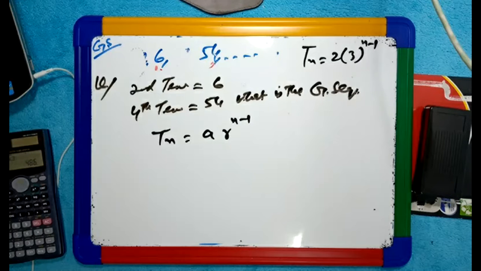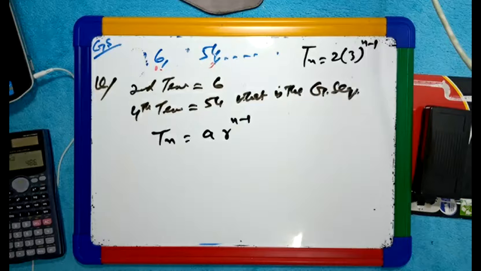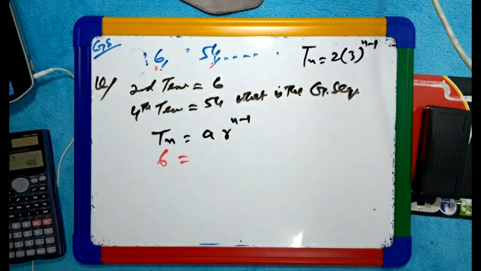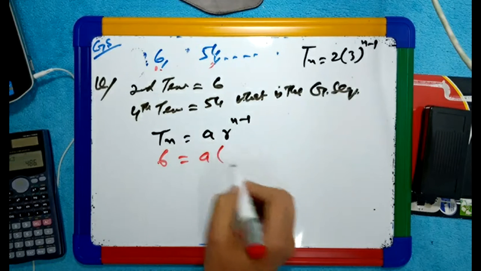The second term is 6, so A I don't know, and R I don't know. What is n? No, n is not 6. 6 is basically the second term.